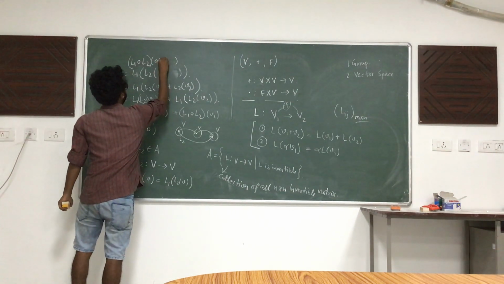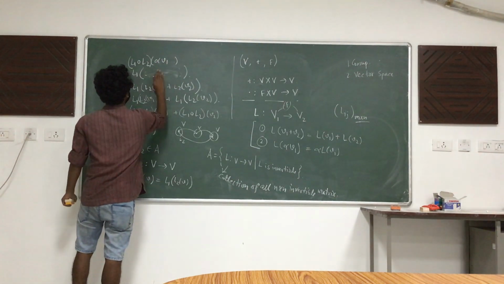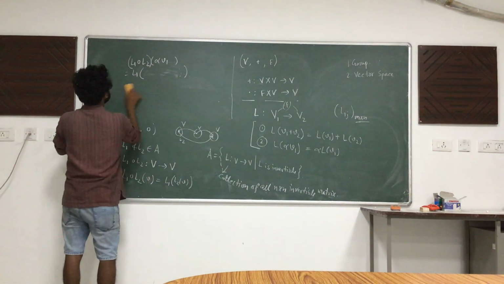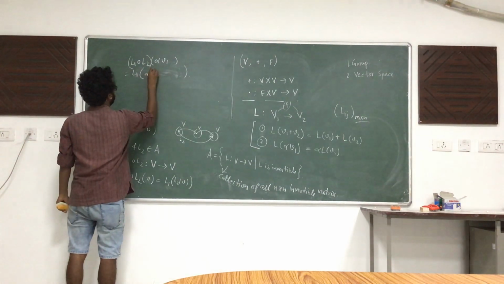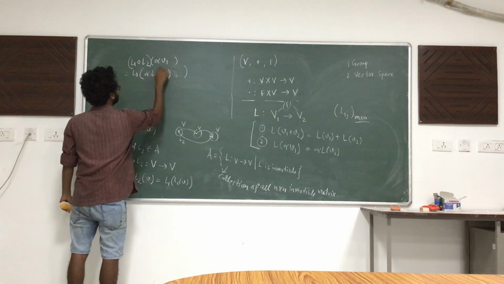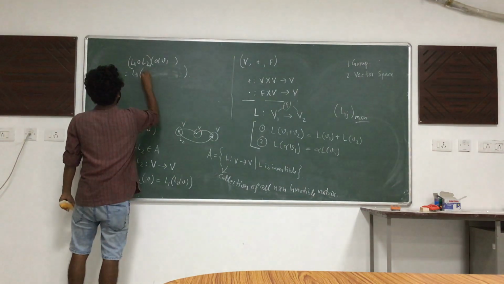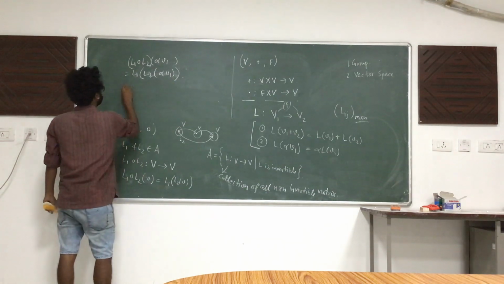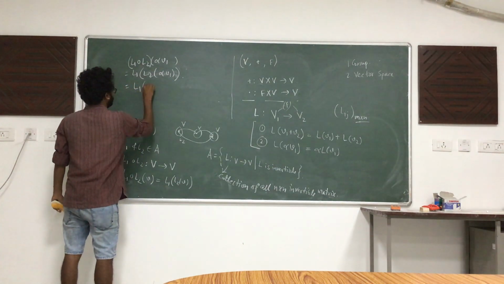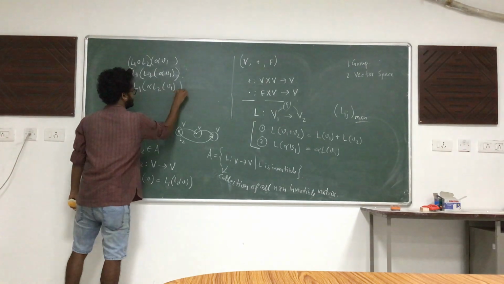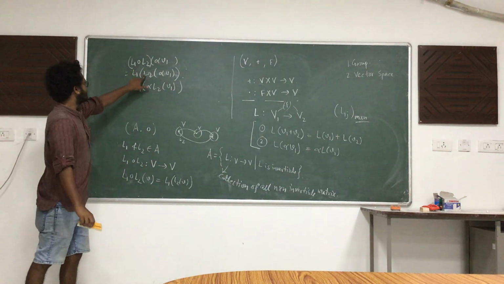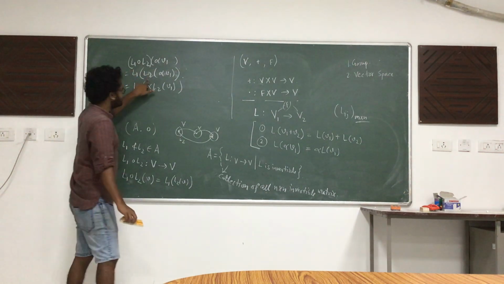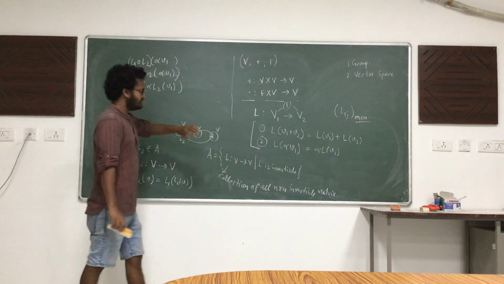Let us take alpha V1, then what it will do? It will first take alpha into V1. L1 alpha L2 of V1. This is fine. This is the definition of composition. Second, we are using the second linearity property of L2.